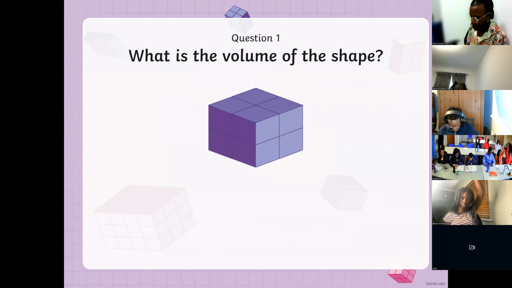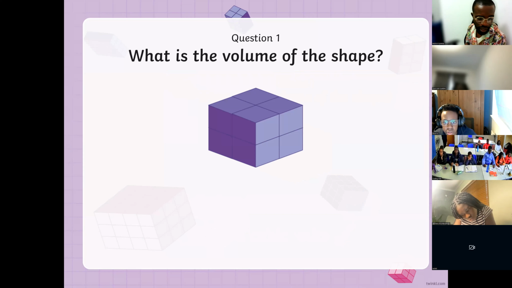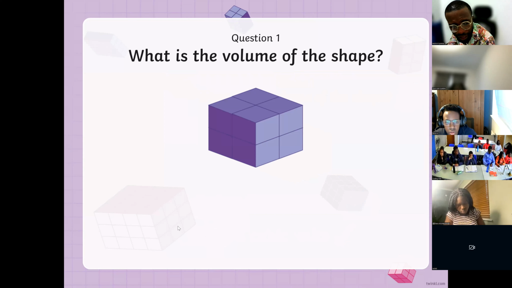Jason A. What is the volume of this cube? Wouldn't it be 8 cubic units? 8 cubic units. Let's see how many are there. Guys, let's count how many.